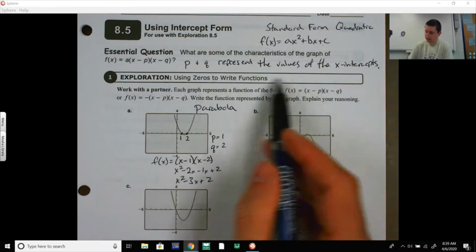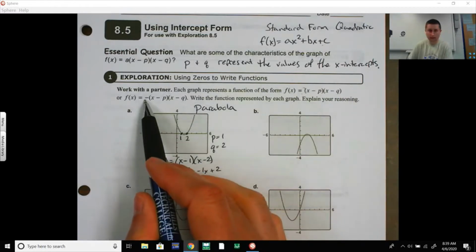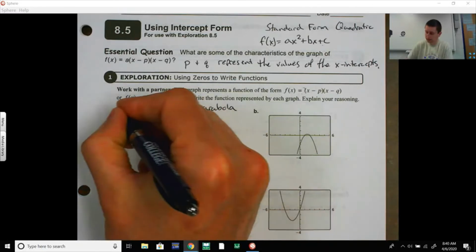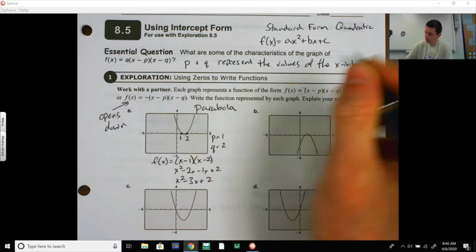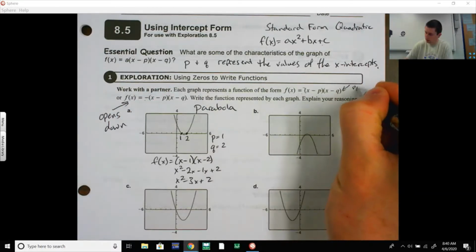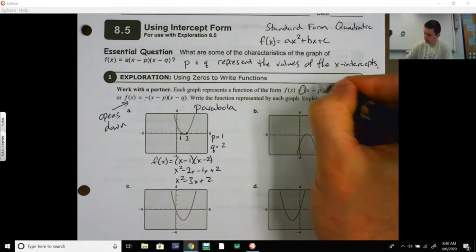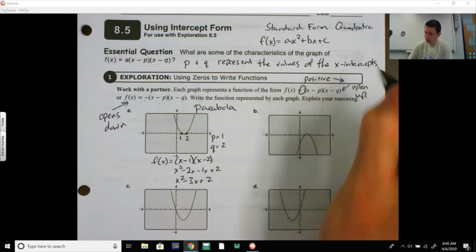Now the number that's in front, you notice this does not have anything, so it's positive. This has a negative sign. So the negative sign is for when it opens down. So this one is going to open up, and it comes from this part right here, and it's positive, so it's opening up.